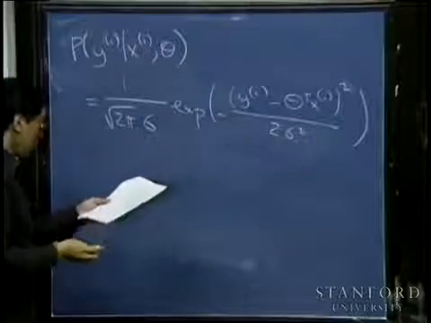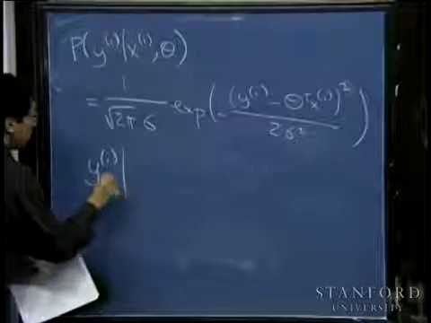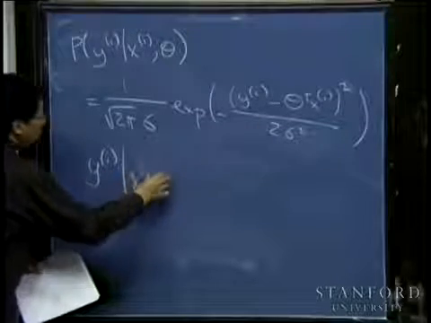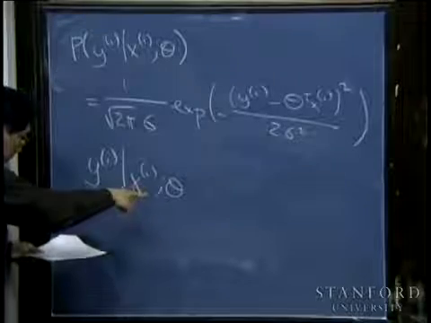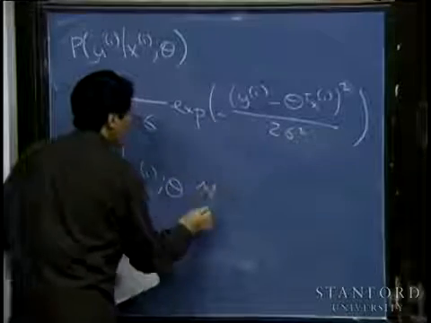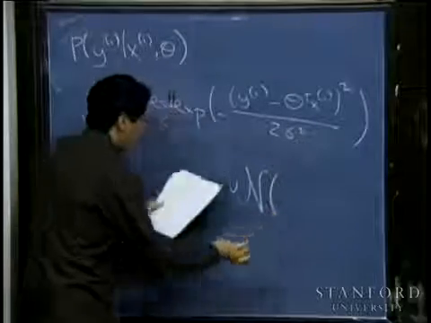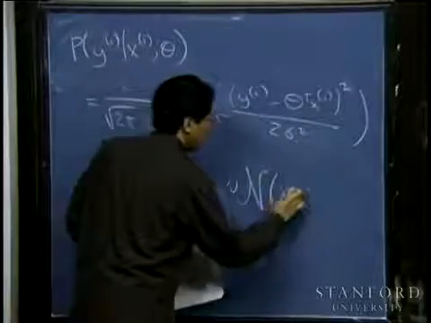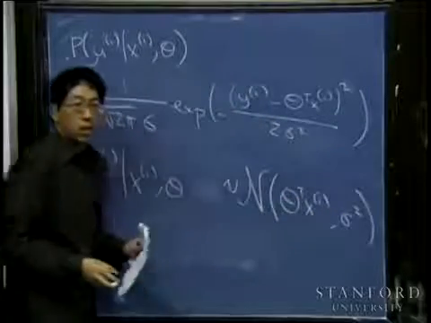Another way of saying this is that the price of a house, given the features of the house and the parameters theta, is a random variable distributed Gaussian with mean theta transpose x i and variance sigma squared.